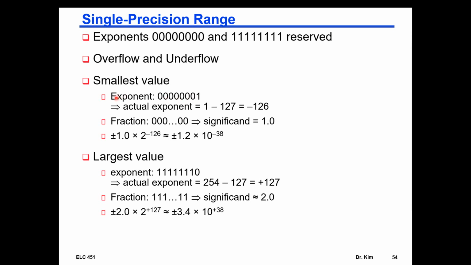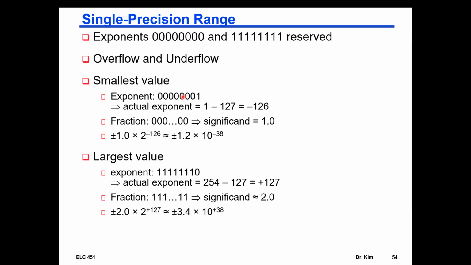So the smallest value that we can have for single precision is when the exponent is 1, because 0 and all 1s are reserved by the standard. So this is the smallest number that you can put in the exponent bits.